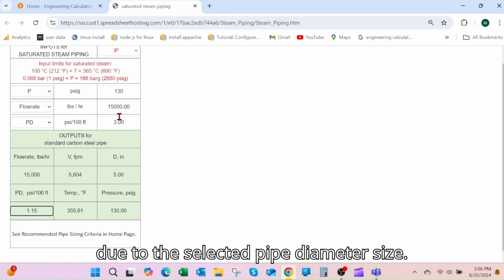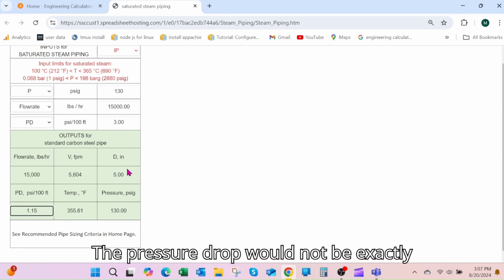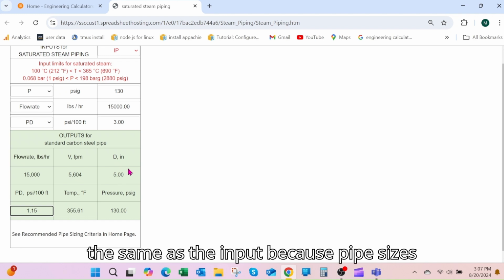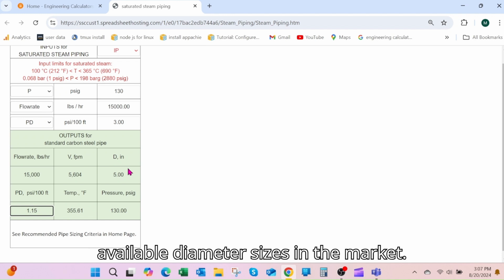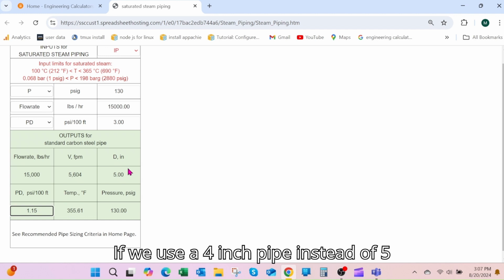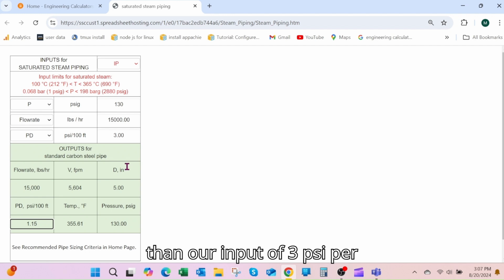This is due to the selected pipe diameter size. The pressure drop would not be exactly the same as the input because pipe sizes are standard and they are limited to the available diameter sizes in the market. If we use a 4-inch pipe instead of 5-inch, then the pressure drop will be more than our input of 3 psi per 100 feet.